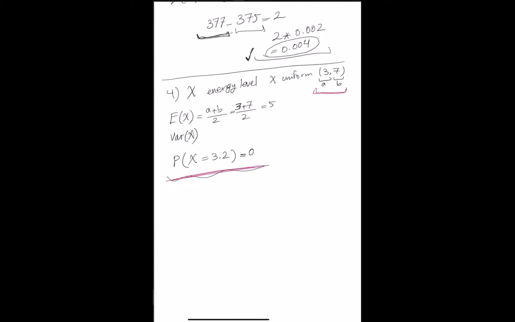These are all real numbers, right? Between 3 to 7, there are just infinite possible numbers. Now you pick one and you say, oh, what is the chance that x is equal to 3.2? It's just that probability is almost 0, because there are just infinite possible numbers. What are the odds that you just can exactly pick this specific number? Okay, so that for continuous random variable, always probability of x equal to something is 0.